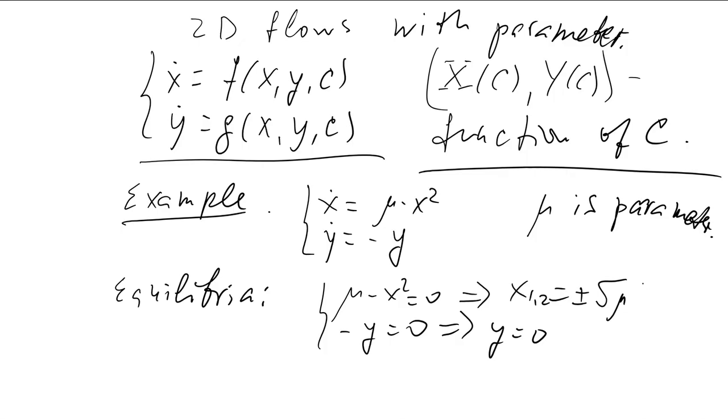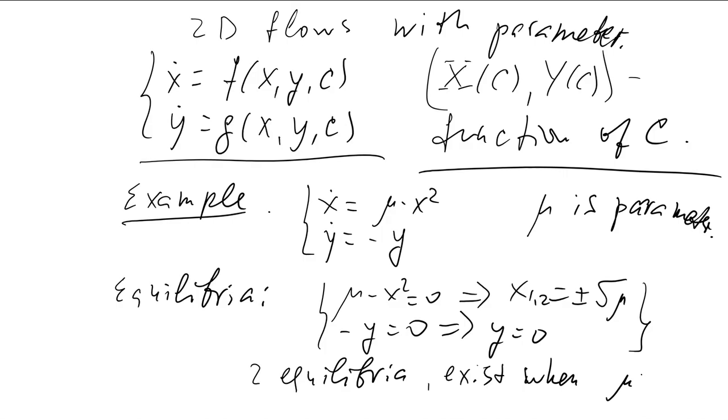What we see, we have two equilibria, and they exist when mu is non-negative.